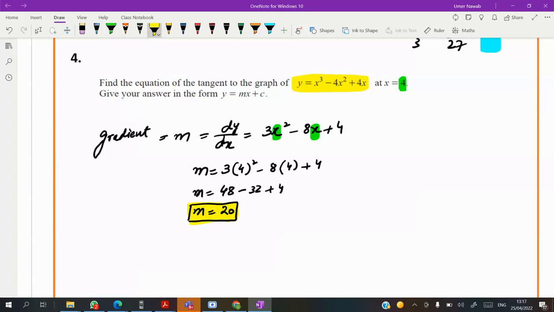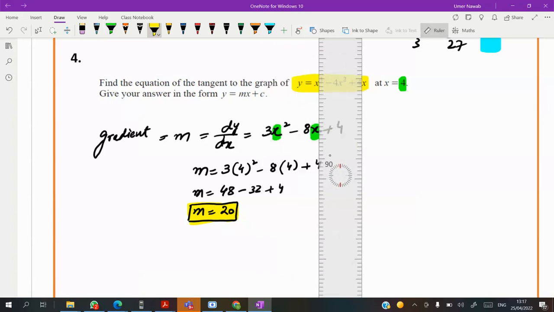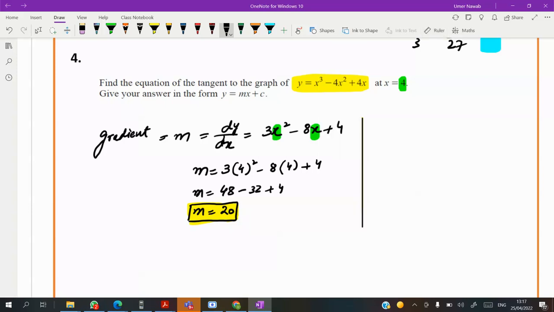Now I need one point where I want to find the equation of a tangent. The x value is already given to me. I need to get the corresponding y value.